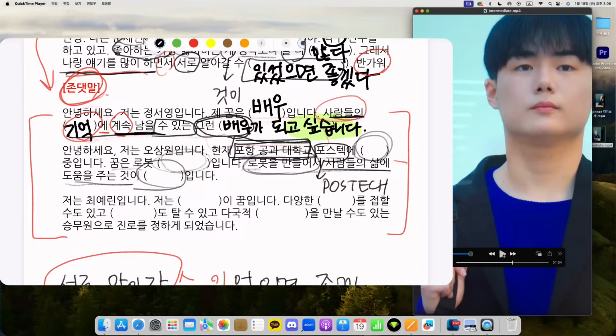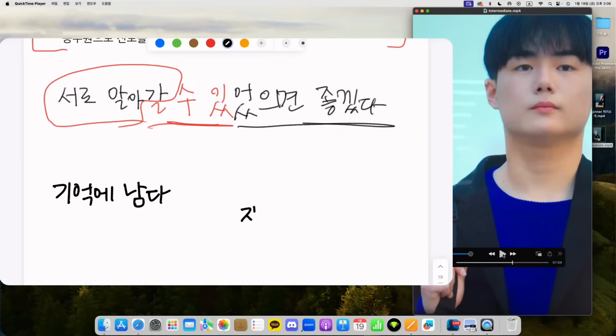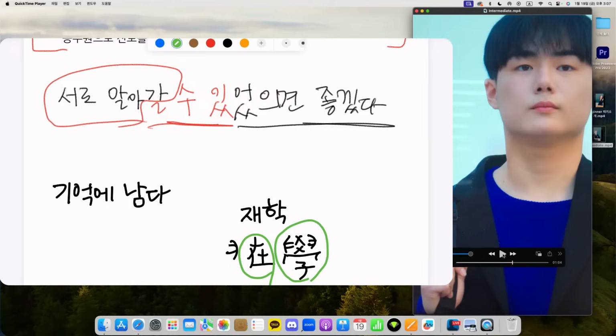So he repeats both. 포항공과대학교 포스텍에 재학 중입니다. 재학 중입니다. So we learned that 재학 중이다 is another way of saying 에 다니다, right? And we also learned that 재학 is a Sino-Korean word that comes from this 한자, which means you are currently at school. So you are a student there, right?